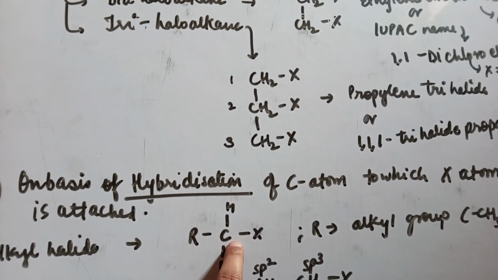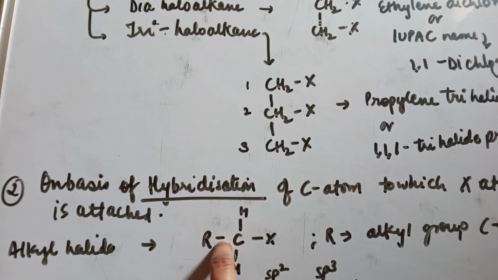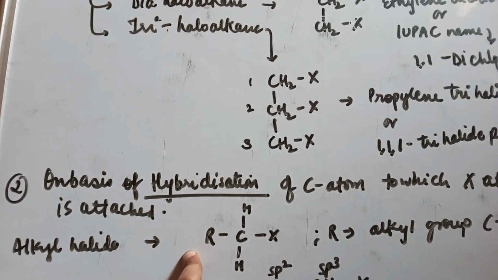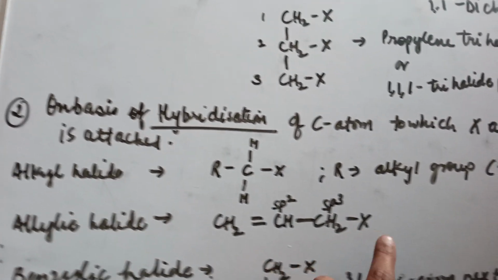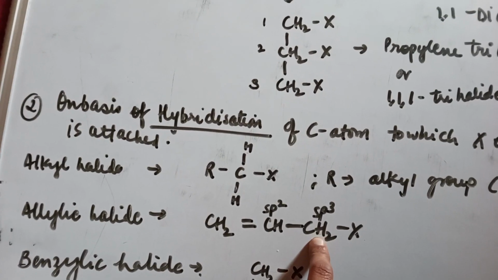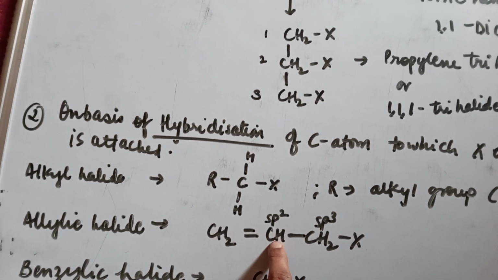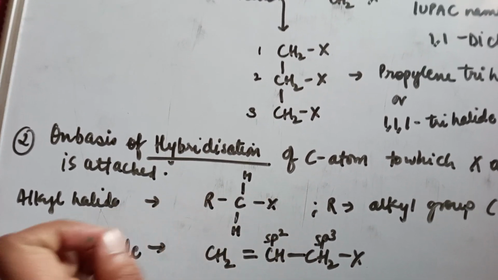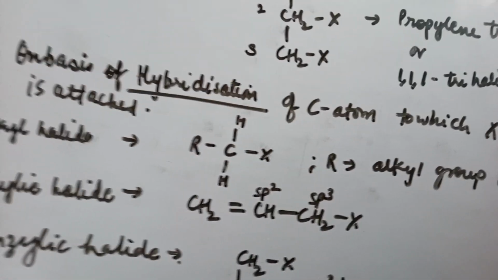If the carbon atom attached to the halogen has an alkyl group attached to it, we call it an alkyl halide. Secondly, allylic halide. If the sp3 hybridized carbon atom attached to the halogen atom is next to an allylic group, which basically refers to a C double bond C group, this is the allylic group.